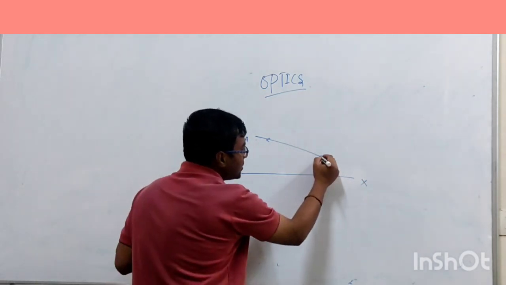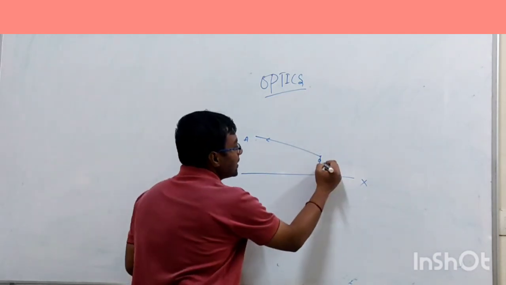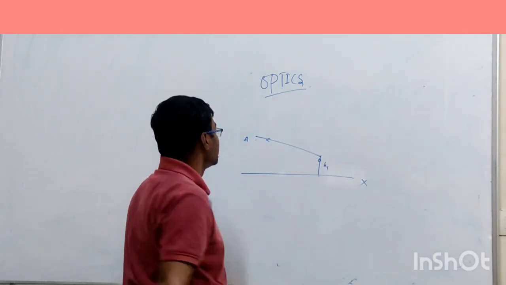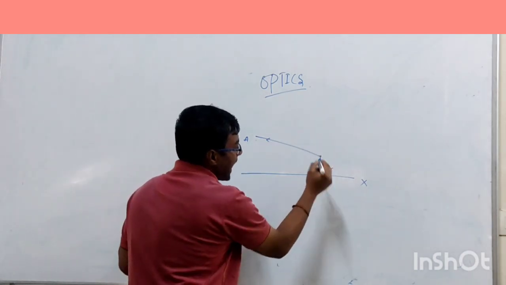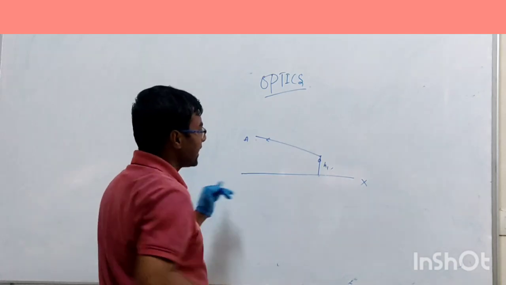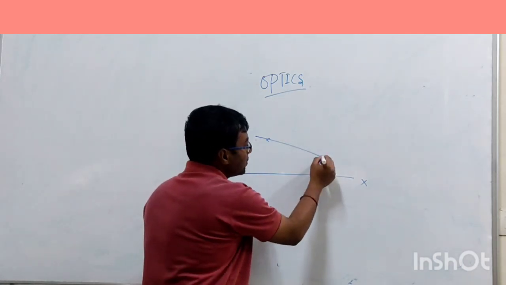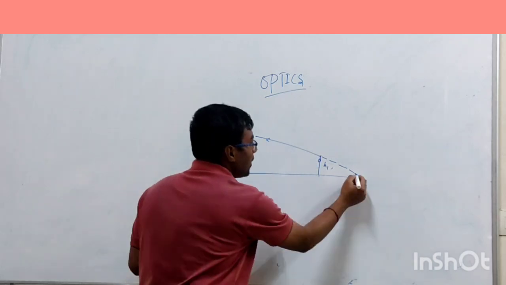The height from the x base to the O point, say h1, and let us consider the angle between the OA ray and the axis x has some value. Let us extend this ray, so it has some value alpha.